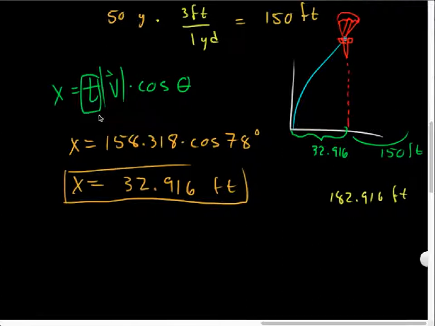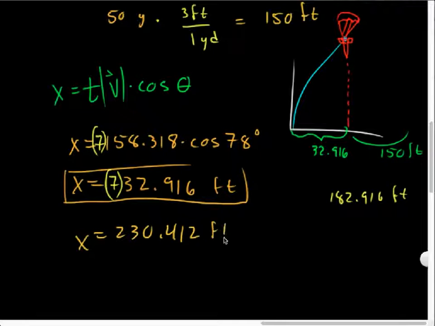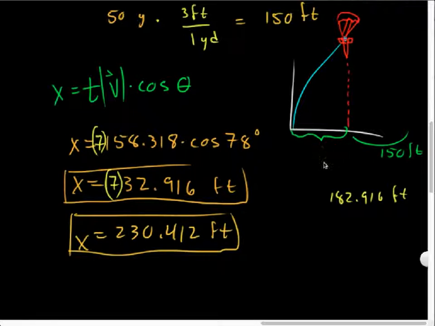We forgot about time. That was 7 seconds in there, right? So 7 times that number. That'll do it. So x equals 230.412 feet. There's your problem. So this number is way different. But the scale of this is going to be a little bit varied now too. This is 230-ish.